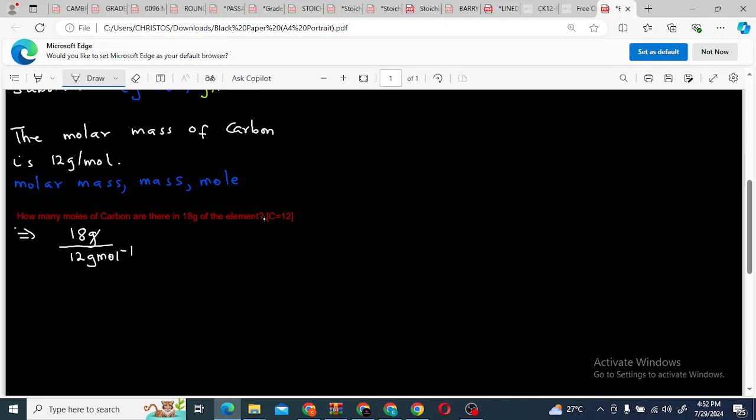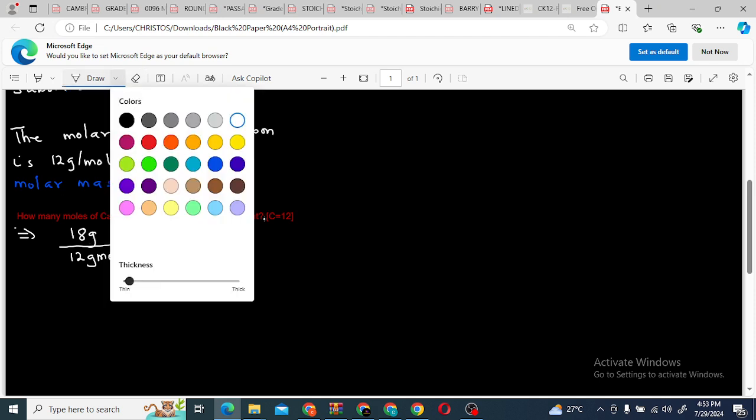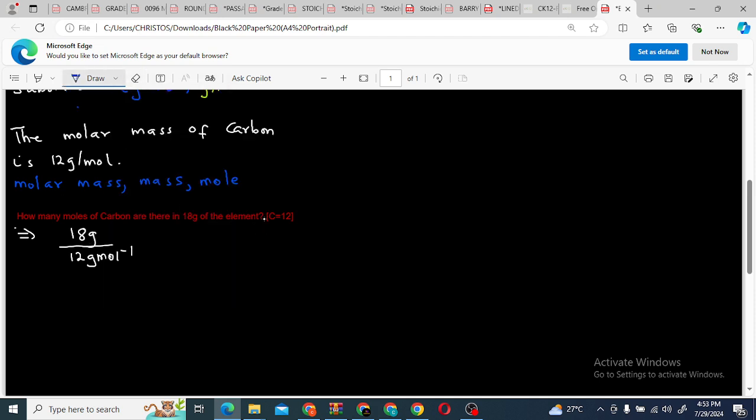So we see that gram will just go ahead and cancel gram. Grams cancel grams in this case. Mole has nothing to cancel. And 18 divided by 12, well, I do not want to waste time because I can do that on my calculator.